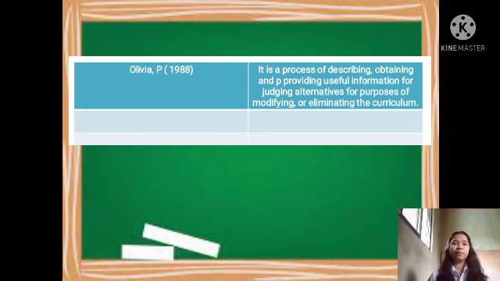The last person that defined curriculum evaluation is Oliva, 1985. It is a process of describing, obtaining, and providing useful information for judging alternatives for purposes of modifying or eliminating the curriculum.